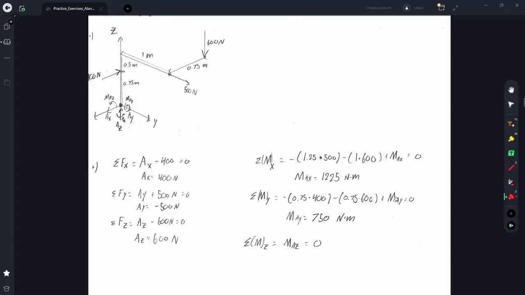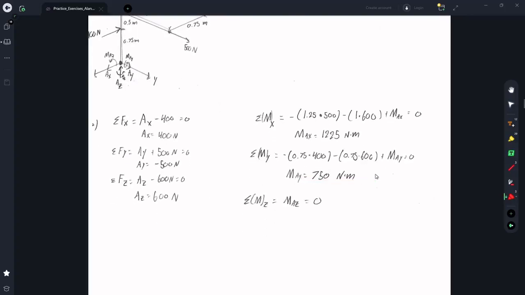And then the other moment is from the 600 Newton force, this 0.75 meters over, and then 600 Newtons down. It's a clockwise moment, so it's negative. Add the moment from the support and solve, and we got 750 Newton meters.